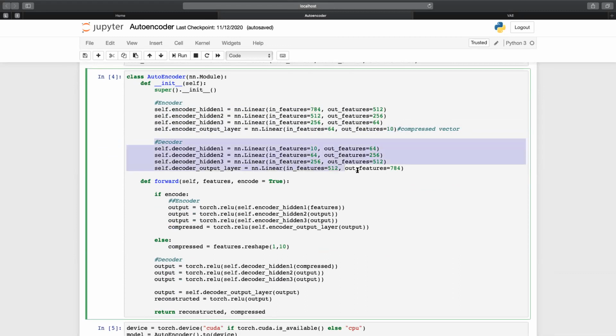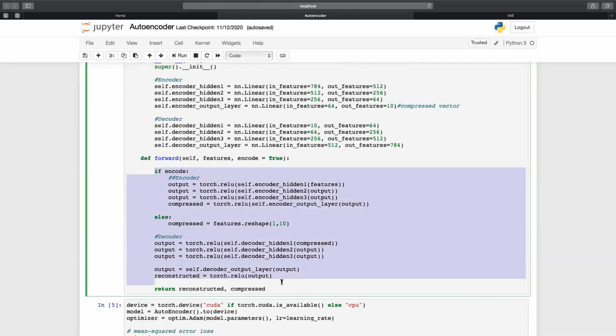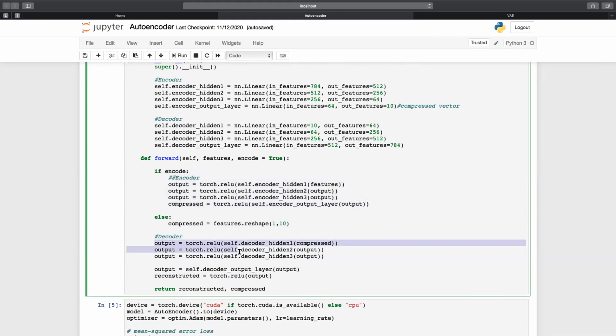And then there is this decoder network that tries to recreate the images from the 10 dimensional input. And here's the forward pass, which is basically trying to go through the encoder and the decoder.